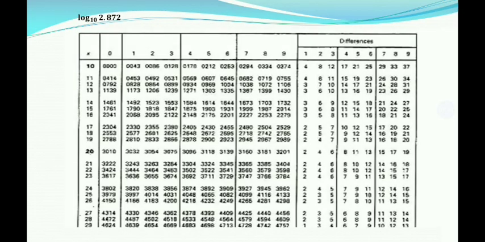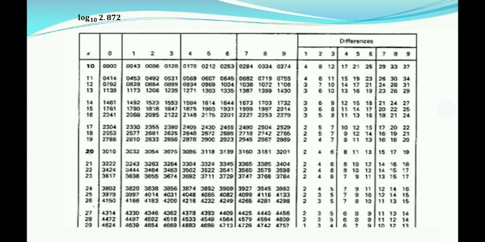Example 2: find the value of log 2.872 where the base is 10. Let us see which is the characteristic part and the mantissa part. Here the characteristic part is 2 and the mantissa part is 872. Now you have to find the log of 2.872.